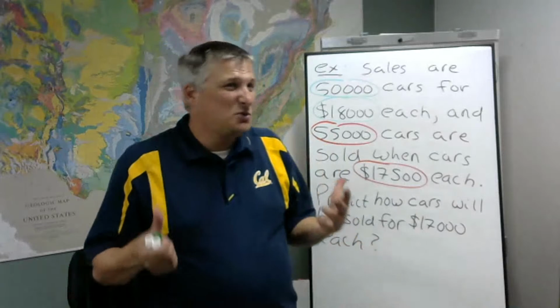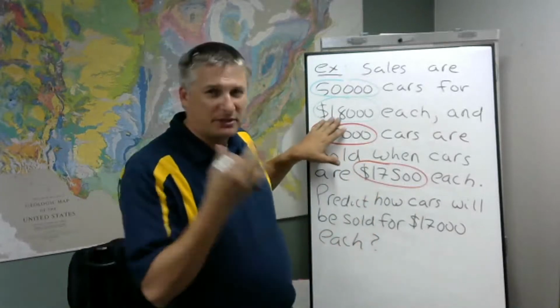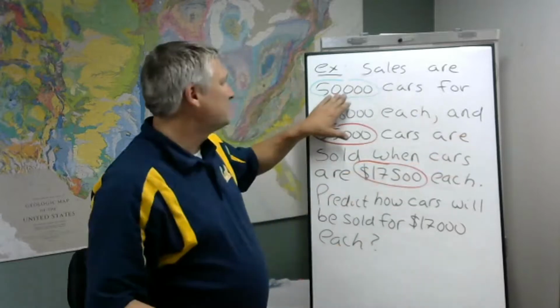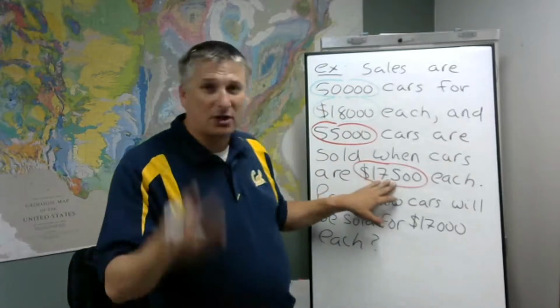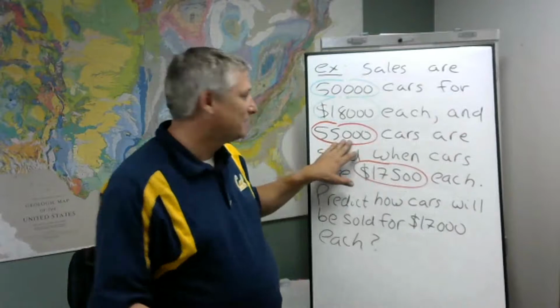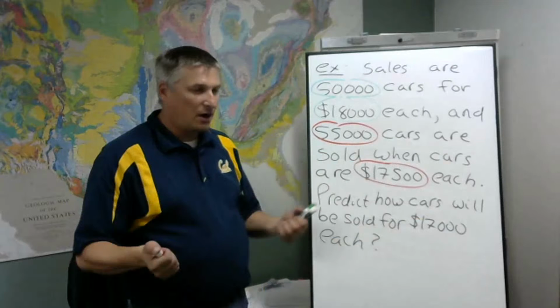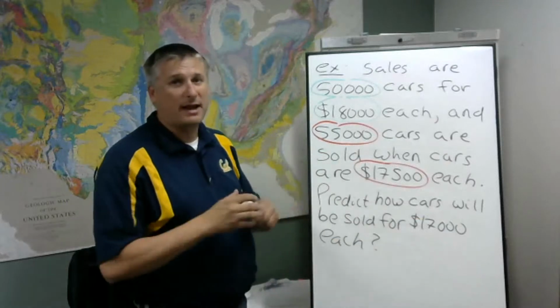So using that approach, we could say the price is the input. We set the price first, and then the effect is the number of cars that we sell. We set the price, that's the cause. The effect is the number of cars. So the cause will be the input, the effect will be the output.